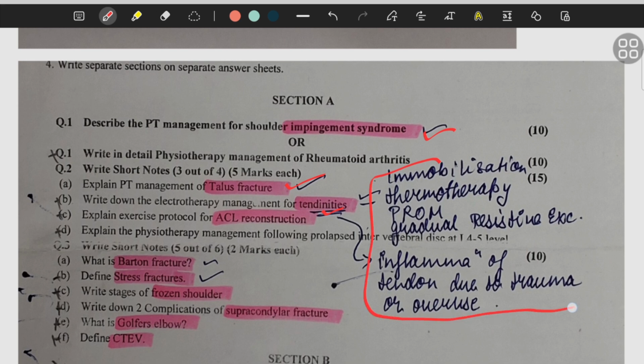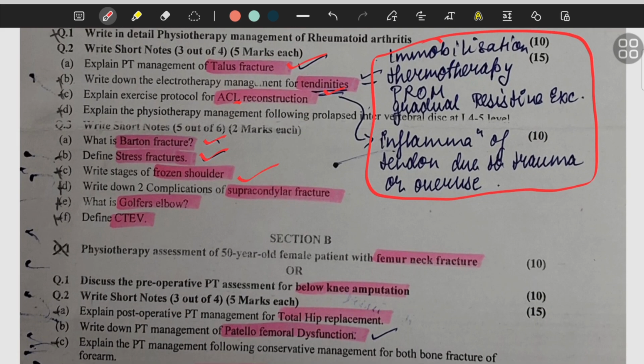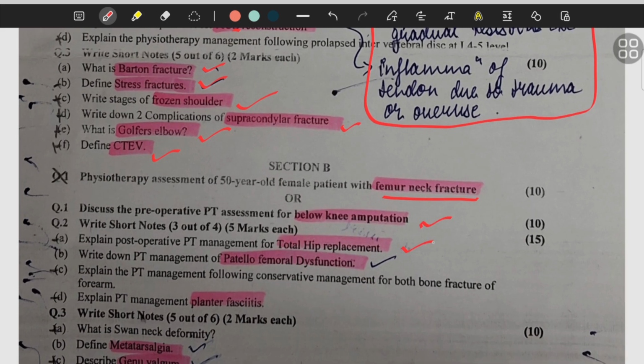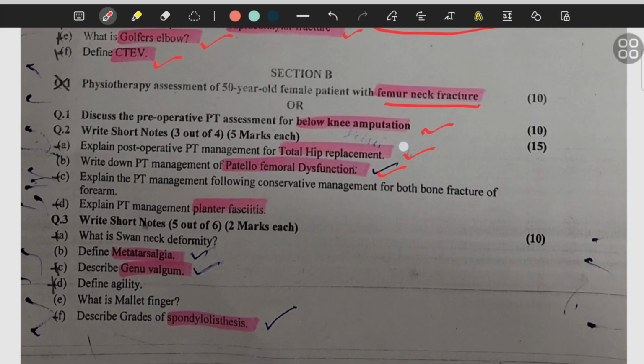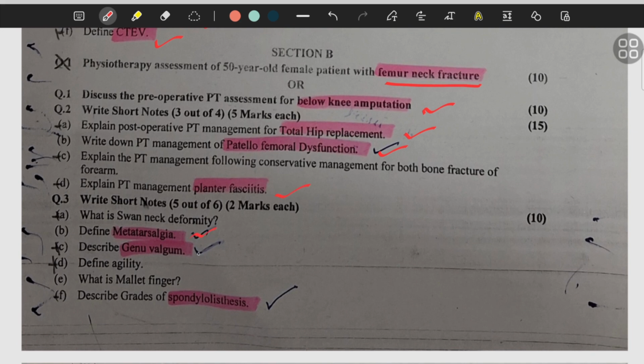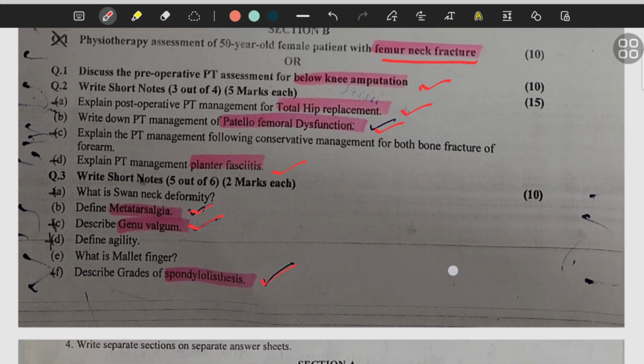See over here I have also mentioned what PT management you will give, then ACL reconstruction, then Barton's fracture, stress fracture, frozen shoulder, supracondylar fracture, golfer's elbow, CTEV, fracture neck of femur, below knee amputation, THR, patellofemoral dysfunction, plantar fasciitis, metatarsalgia, genu valgum, spondylolisthesis.